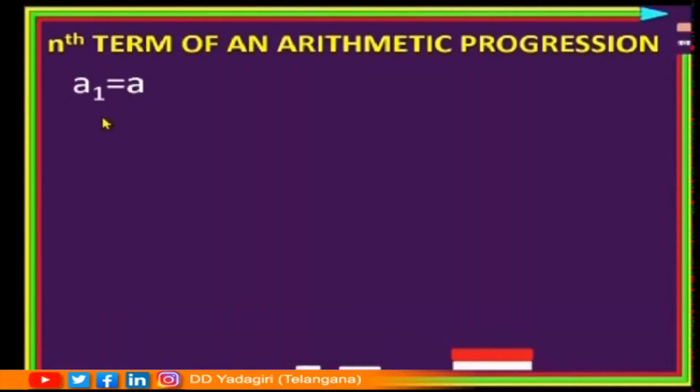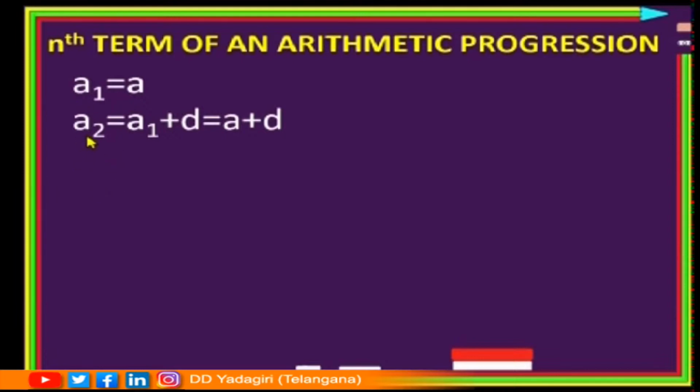Just now we have seen A1, A2, A3, so on An are terms of an arithmetic progression, right? So now we are going to find the nth term of an arithmetic progression. Okay, let us see. What is the first term? That is A1, which is denoted with A. So we have to add a fixed number, right? The fixed number is called the common difference, that is D. So here I am adding D, then I will get the second term.